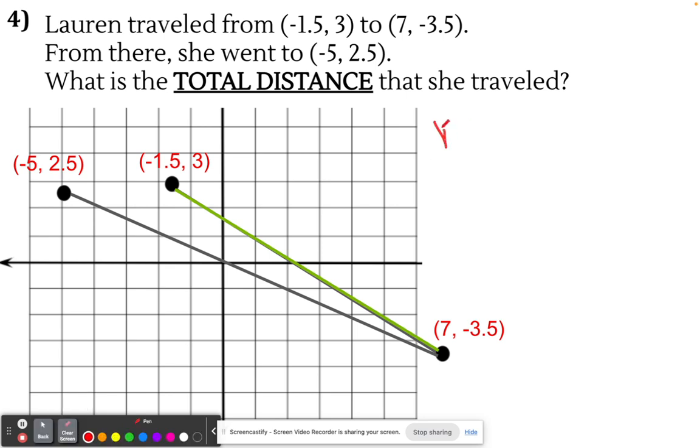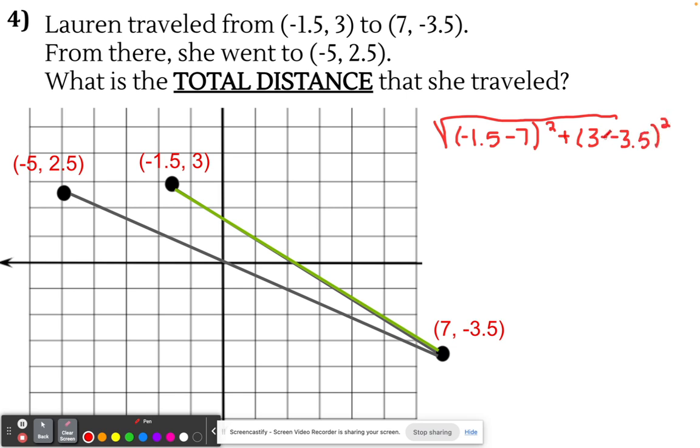So my first distance, that green one, is going to be negative 1.5 minus 7 to the second power, plus my y's, 3 minus negative 3.5 also to the second power.